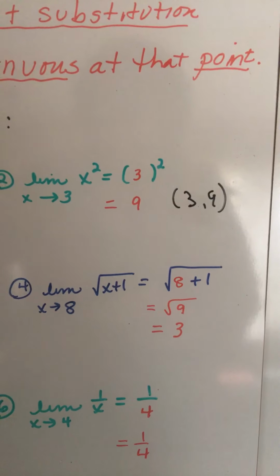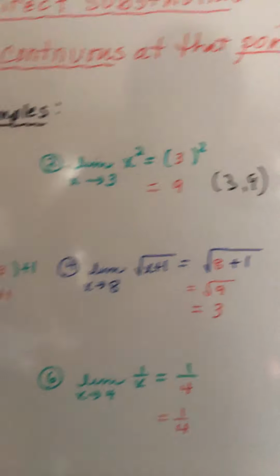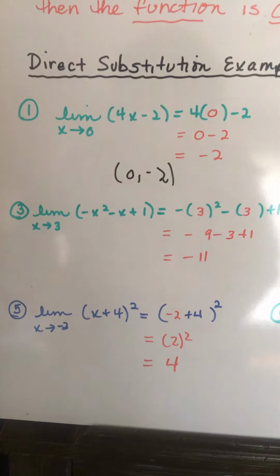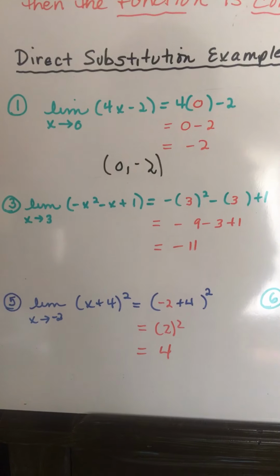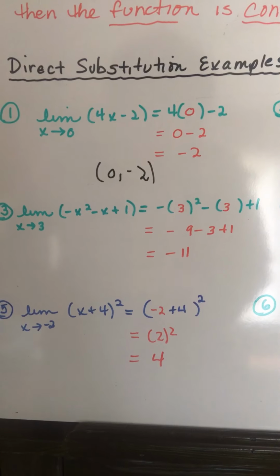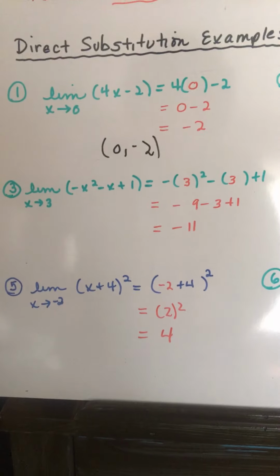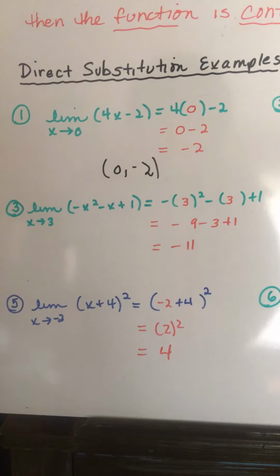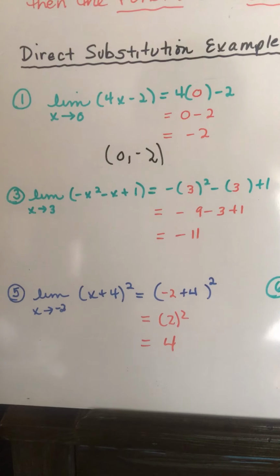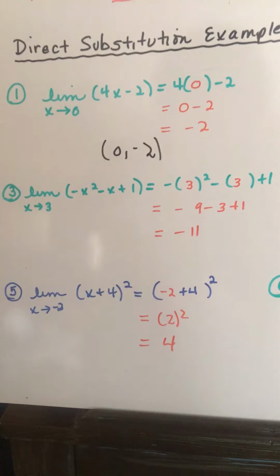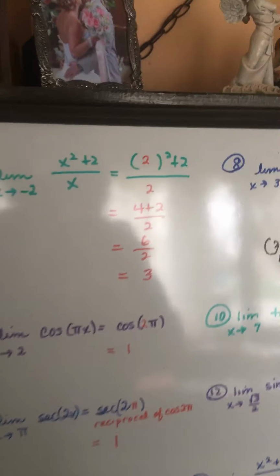And so my limit is 3, and also my function value will be 3. The limit as x approaches negative 2 of the quantity x plus 4 squared, I directly substitute, plug and chug, out comes 4. So not only is the limit 4, but the function value at negative 2 is 4.